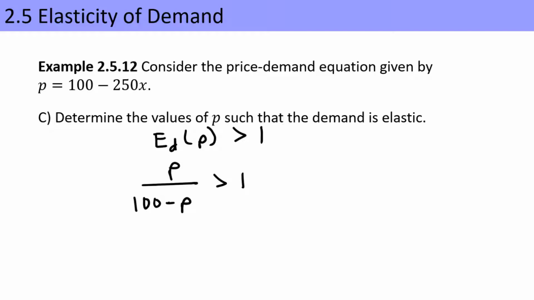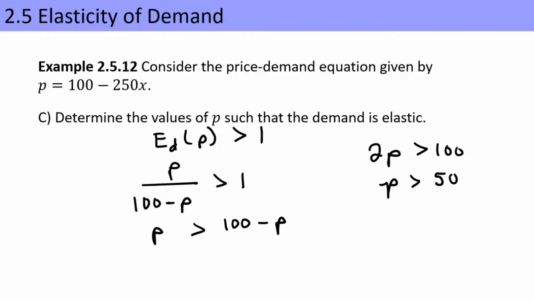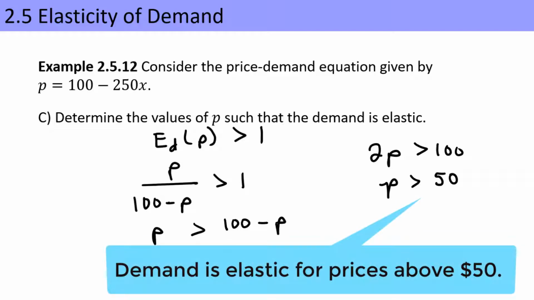So let's cross multiply through the 100 minus P. You get P is greater than 1 times 100 minus P, which is just 100 minus P. Let's add P to both sides, and we get 2P is greater than 100. And solving for P, the price, we get P is greater than 50. So we have that the demand is elastic for prices above $50.